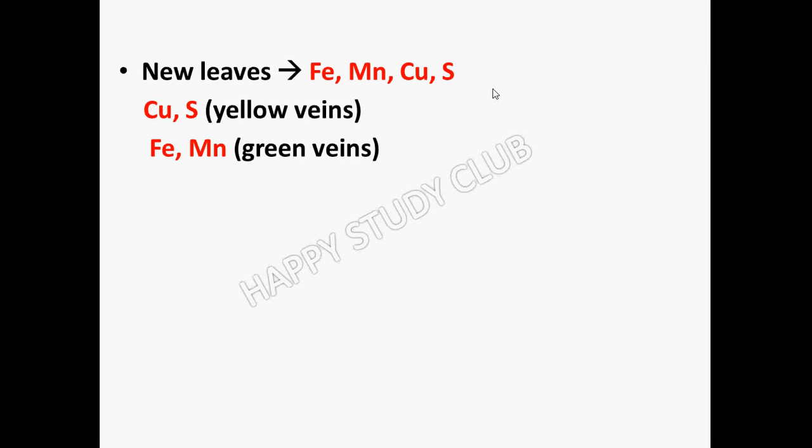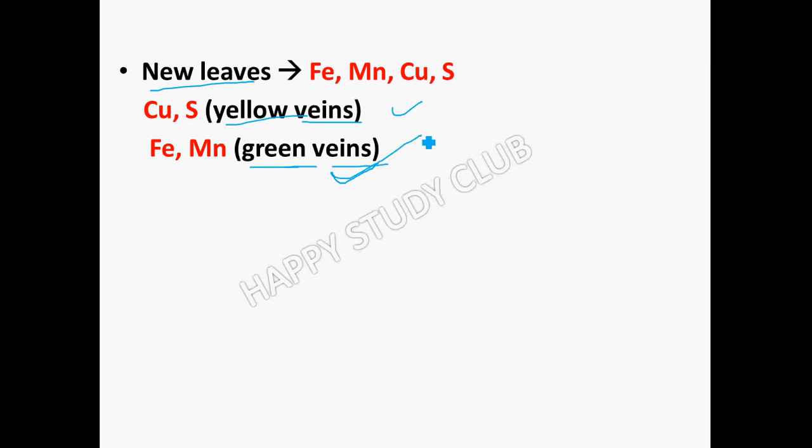Both leaves and veins remain yellow in copper and sulfur, and in iron and manganese, veins remain green but leaves turn yellow.